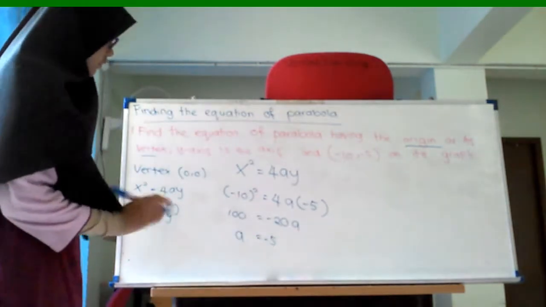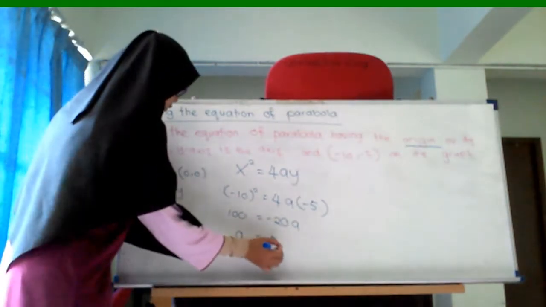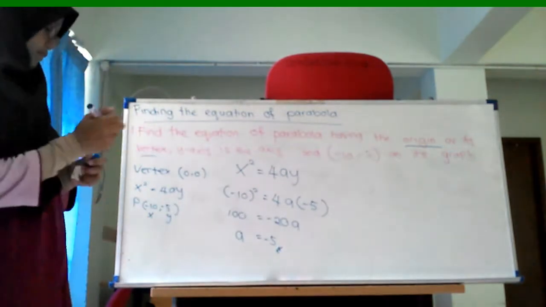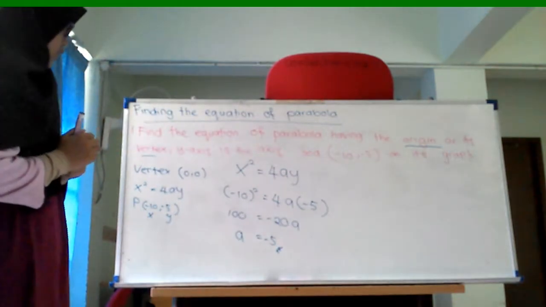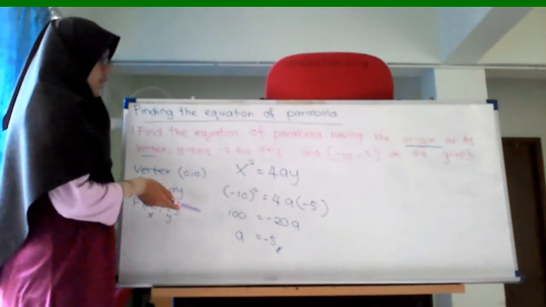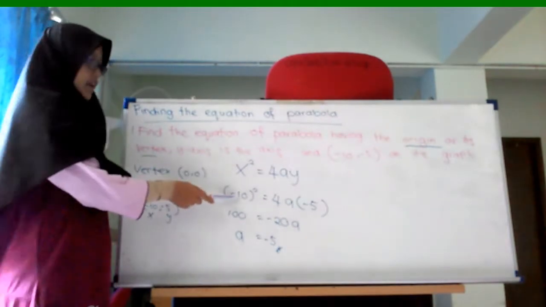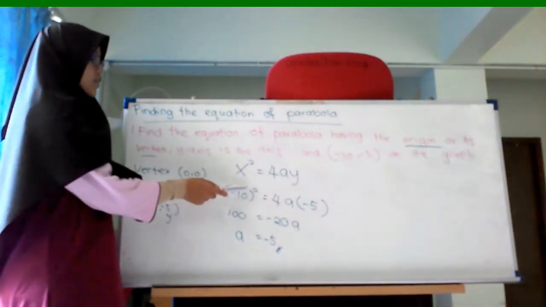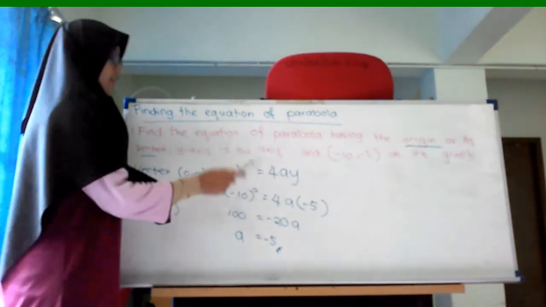Since we substitute x equal to negative 10, we square it and it equals 4a times negative 5. We get 100 is equal to negative 20a and a is equal to negative 5.